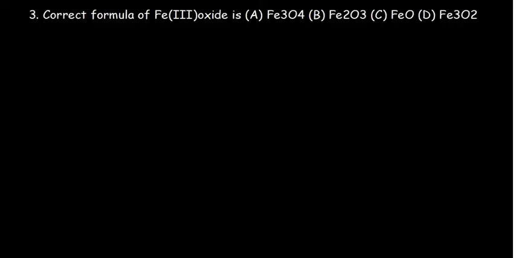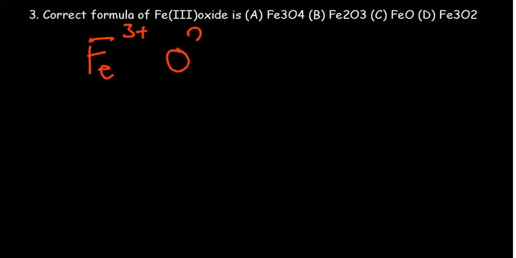Correct formula of iron 3 oxide. So we have iron 3. Some of you know that we also have what we call iron 2. Okay. Iron 3. Yeah, iron 2. So in this case, we want to find the formula for iron 3 oxide.